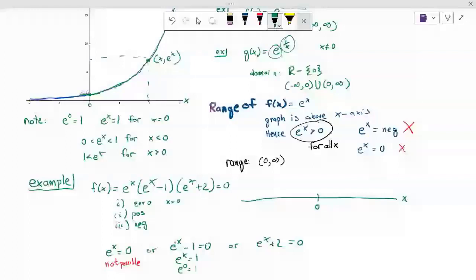No, no is correct, right? With confidence. All right, it's not possible, because that's saying that e to the x would have to be negative 2, and we already noted that that's not possible. So there's only one value of x where this particular function is 0.